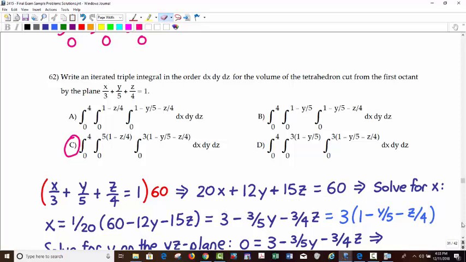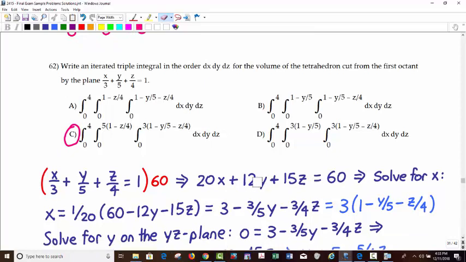I guess, let's see. So from there, I'm solving for x. So move the y and the z over. And I divided by 20. Well, mathematically this is correct, what I have right here, but to make it match the answer, I went ahead and distributed the 120 through there.